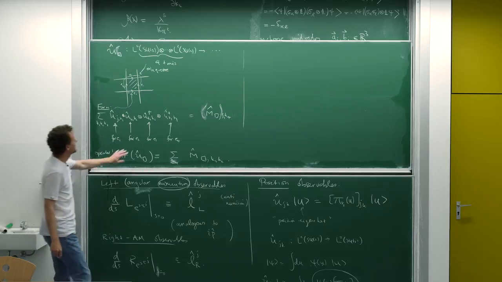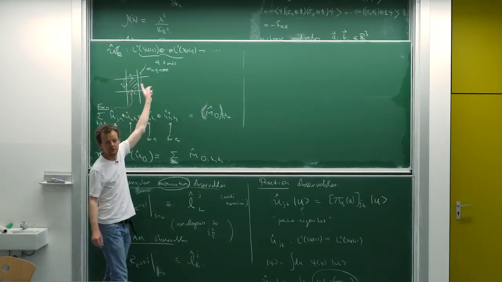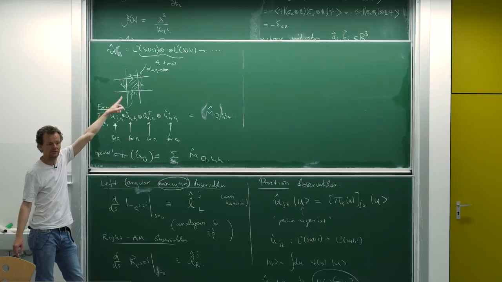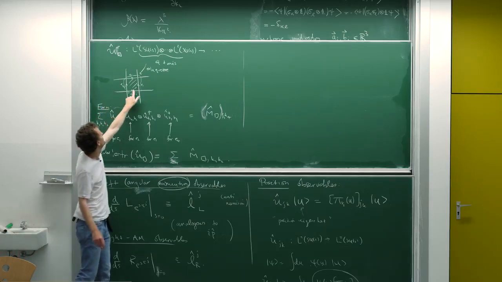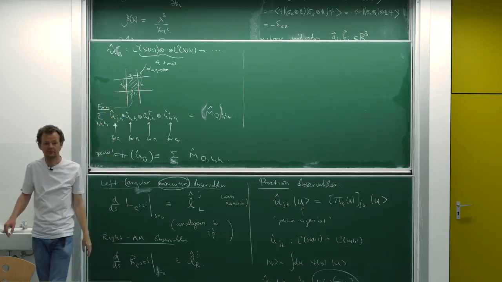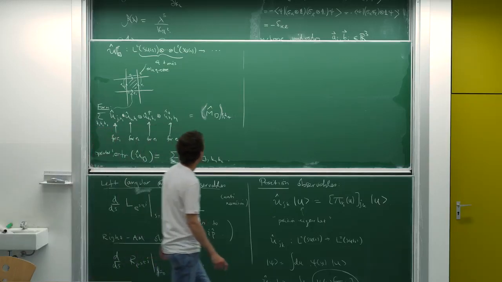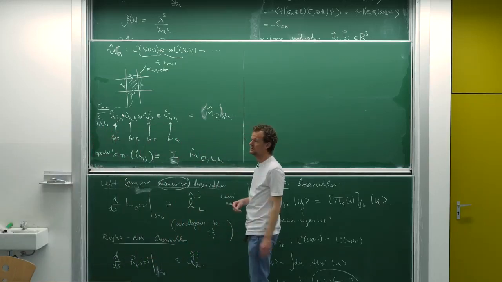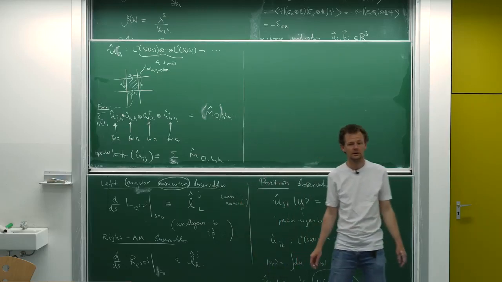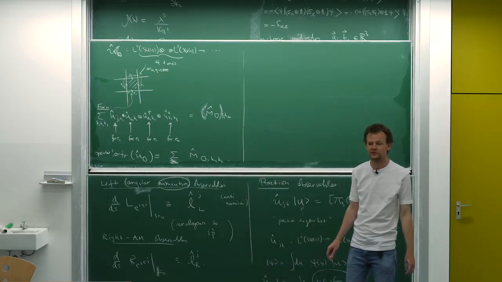And that operator acts on L2 of SU2, tensor L2 of SU2, tensor L2 of SU2, tensor L2 of SU2. It acts on these four Hilbert spaces there. And that's more or less it. That's what we need to define now our microscopic model for this lattice theory.